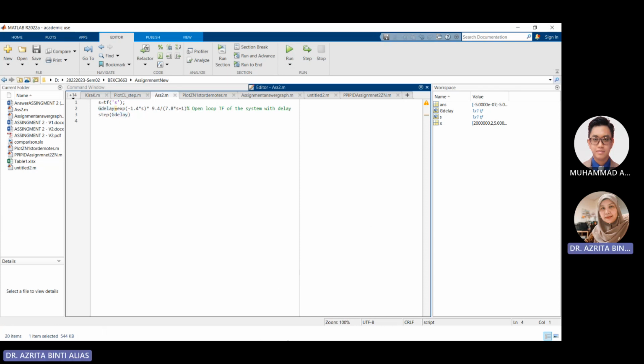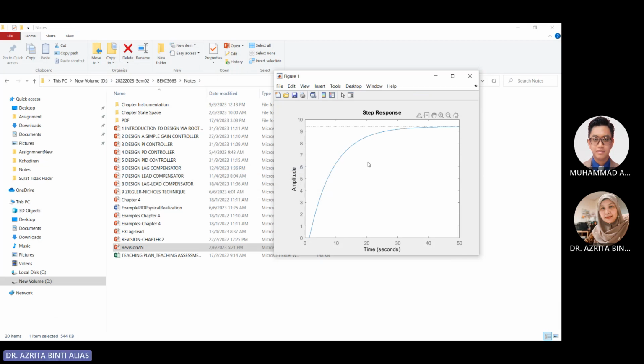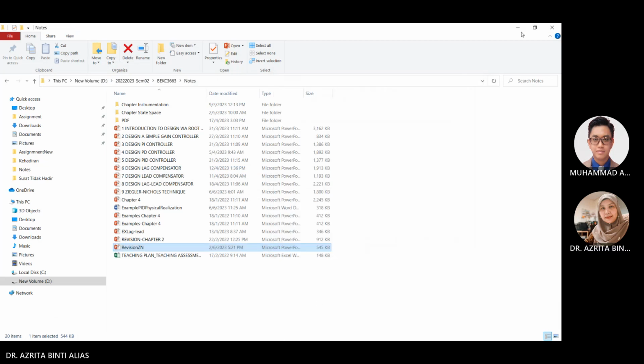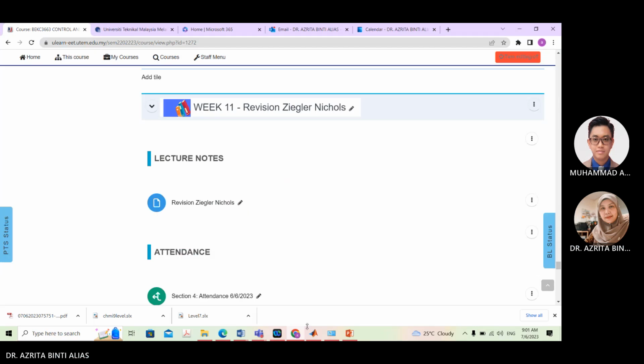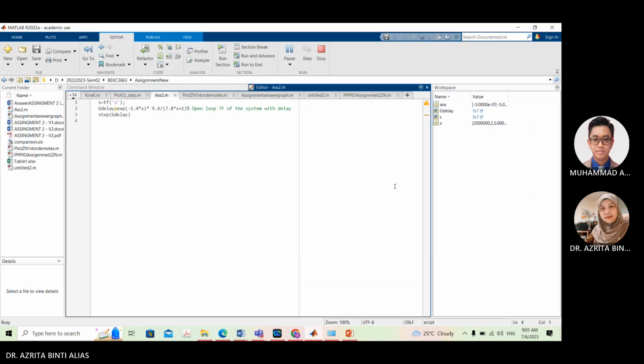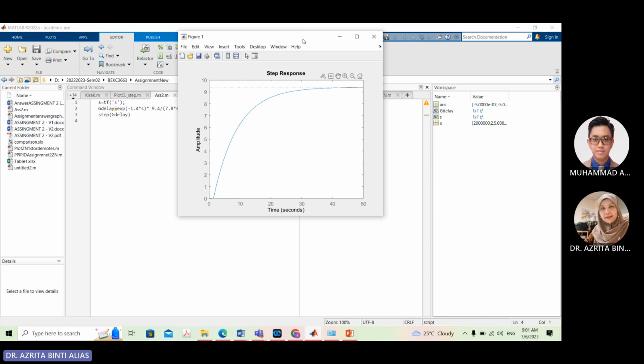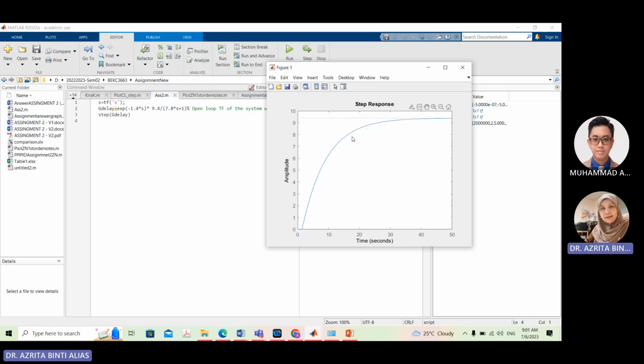And then mana dia punya ni? Ni graph dia. Okay, so this is the graph, the output response graph that we obtain from the transfer function.